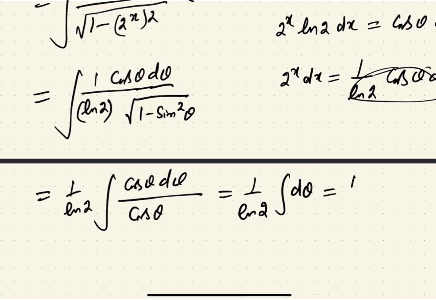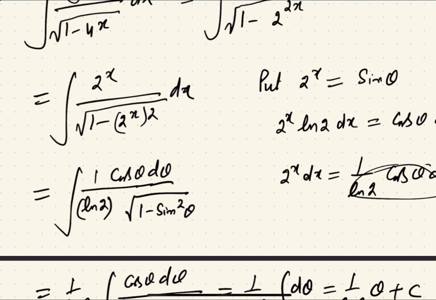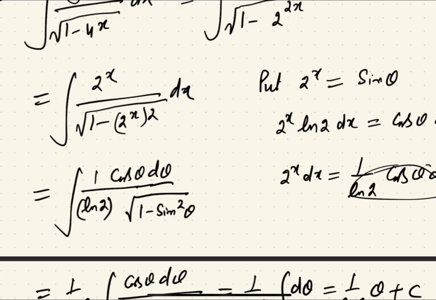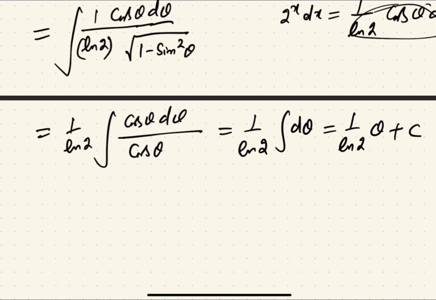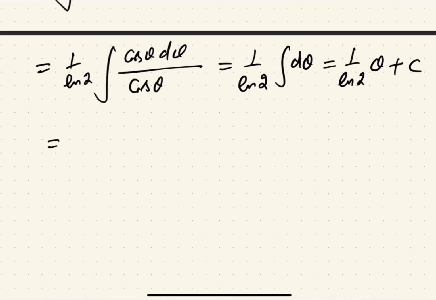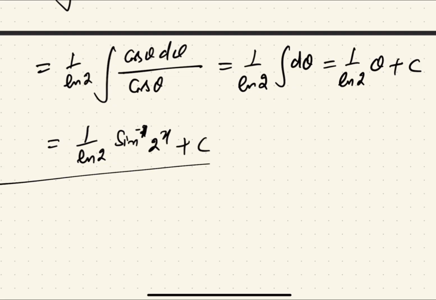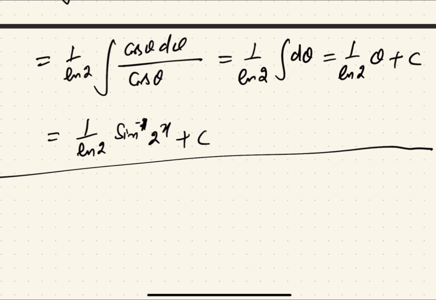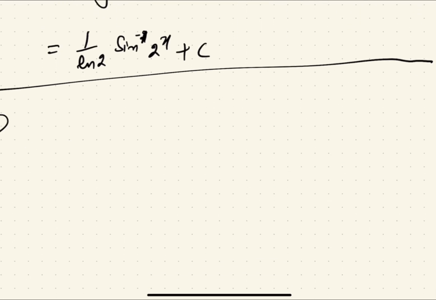And this will be equal to 1 over ln 2 theta plus c, and you will find theta from here by bringing sine inverse to that side, and the answer will be 1 over ln 2 sine inverse of 2 power x plus c. This is your sixth question. Now the last one, and that is a similar one, 1 over the square root of 1 minus e power 2x, dx.